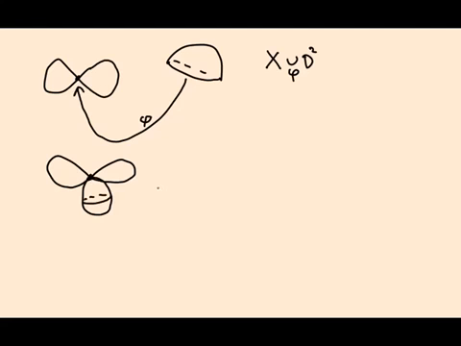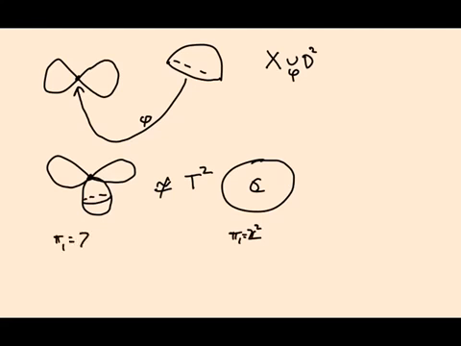And that's not even homotopy equivalent to the torus. Right, the torus, when we compute its fundamental group, we actually get Z squared. That's abelian, whereas here the fundamental group will turn out to be Z star Z, non-abelian.